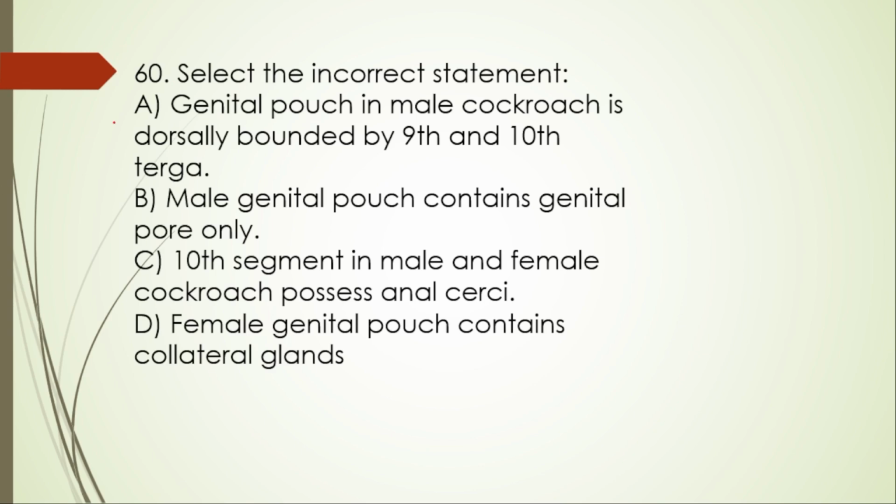Next question, that is question number 60. Select the incorrect statement. A. Genital pouch in male cockroach is dorsally bounded by 9th and 10th terga. Yes, this one is right. He is asking the incorrect one, isn't it? Next, B. Male genital pouch contains genital pore only. No, this one is wrong.